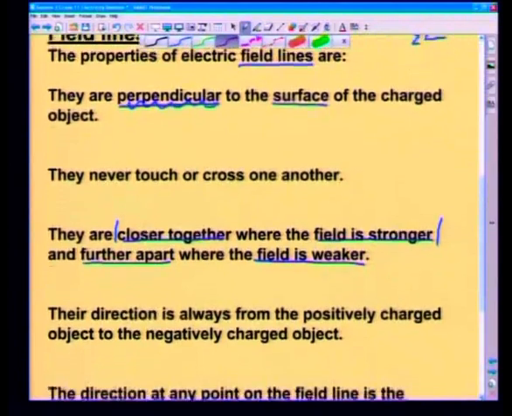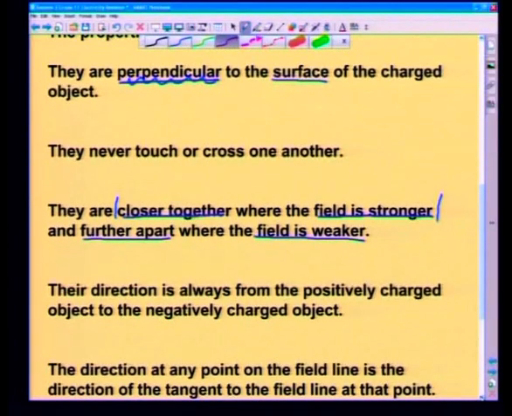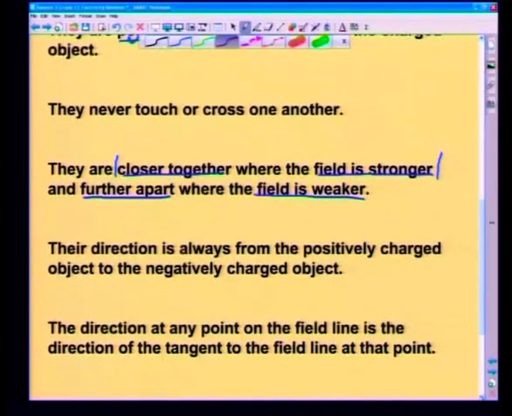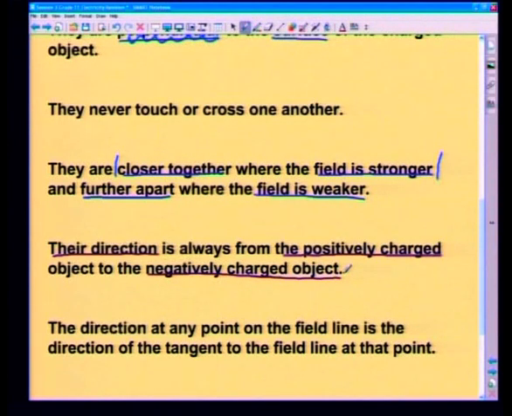Let's come to the next one. The next one is actually what I have been explaining when we were looking for the direction of the field. The direction of the field, or the direction of the field lines, is always from the positively charged object to the negatively charged object.